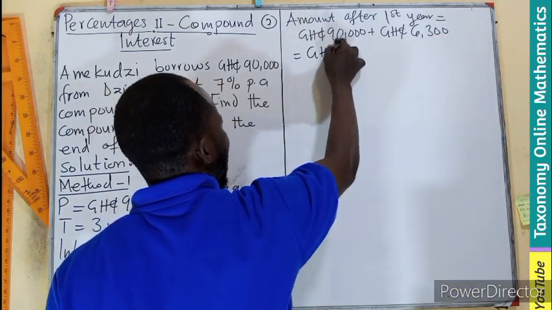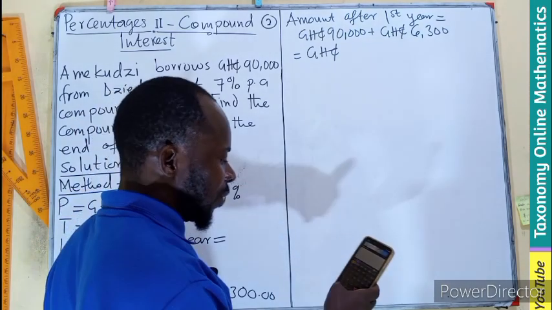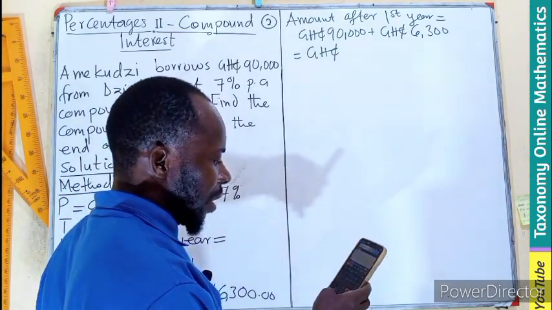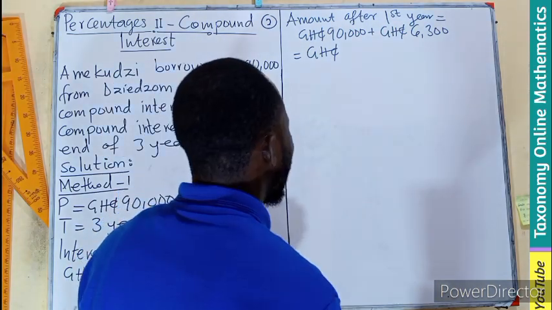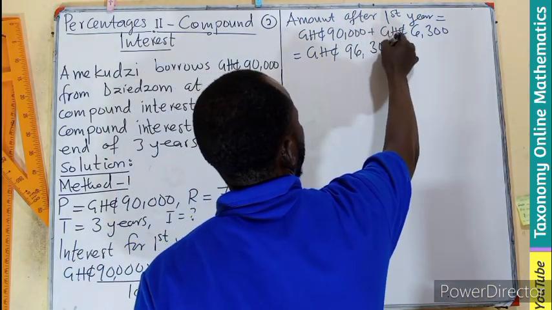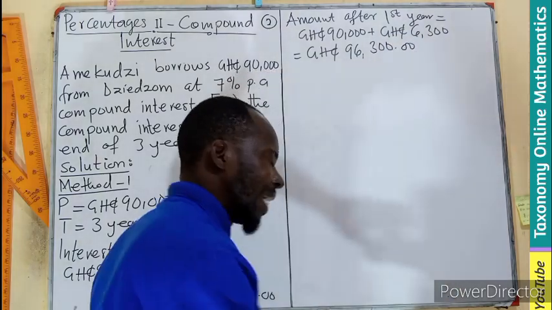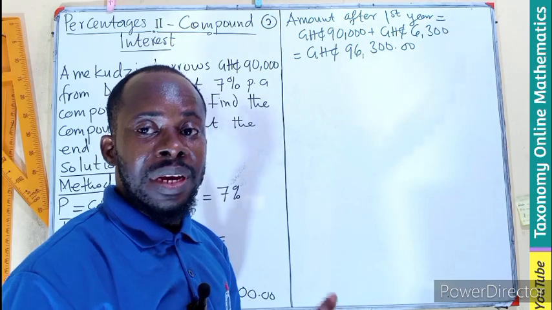Let's put that together in our calculator and see what that will be. 90,000 plus 6,300, that will be 96,300.